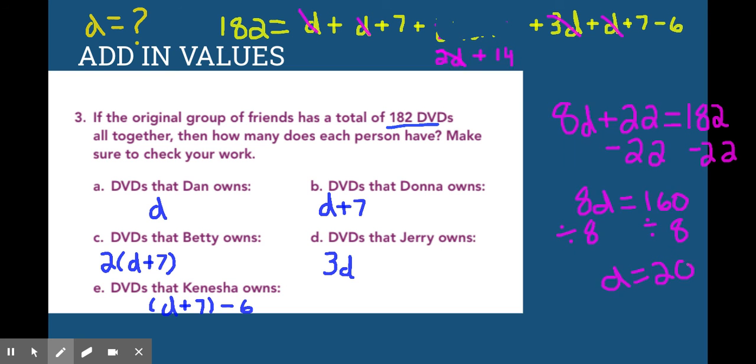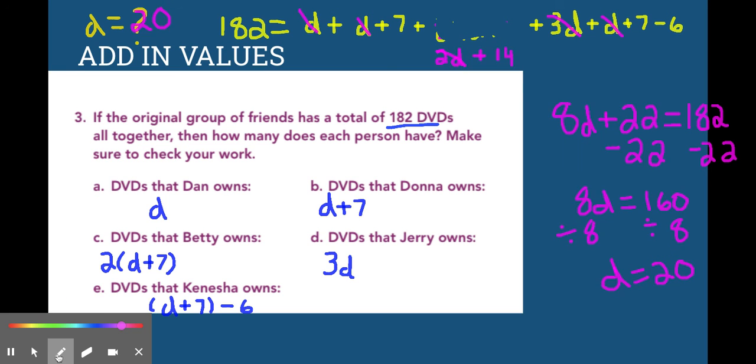So now, through all that, we now know how many DVDs Dan has. We know that D now equals 20. I'm going to put it up here so that we just know we filled in our answer. So D equals 20.